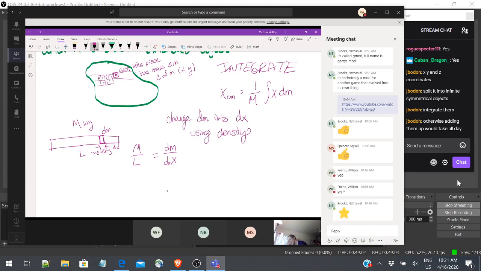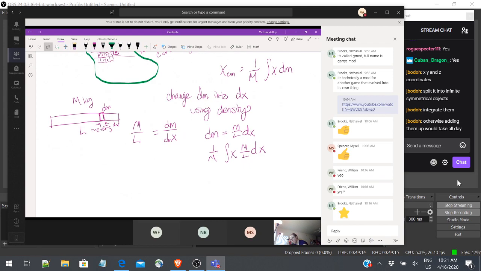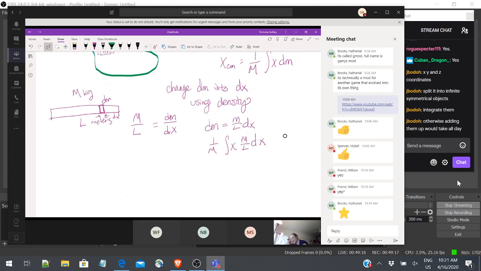So dm is equal to m over L dx. And when you integrate this, you actually end up getting x is 1/2 L, which makes sense because it's symmetric.